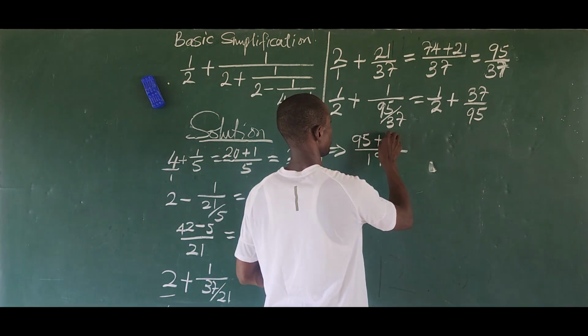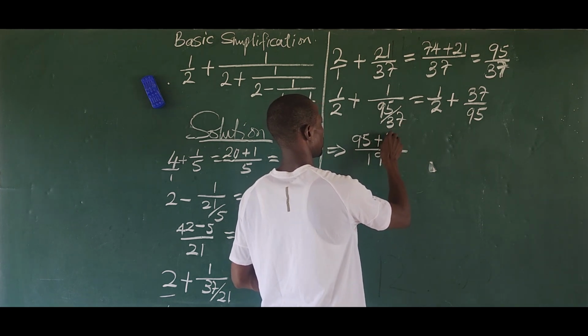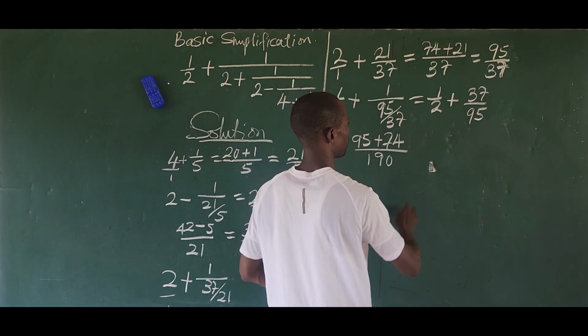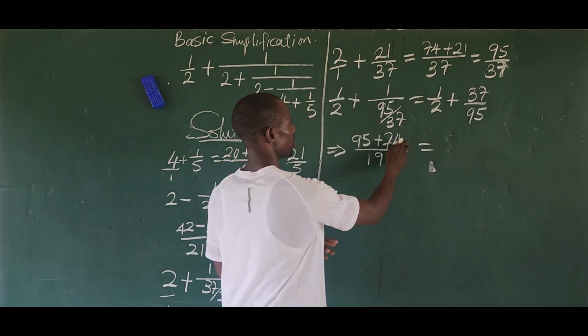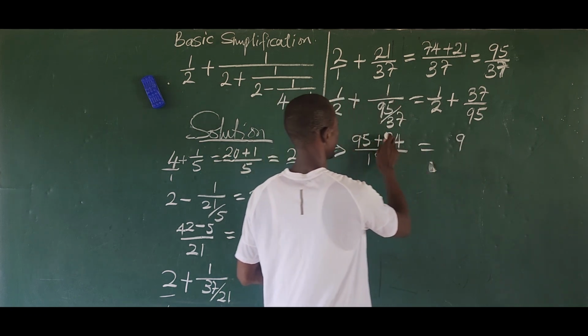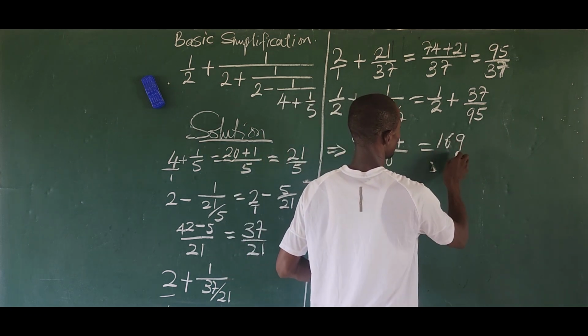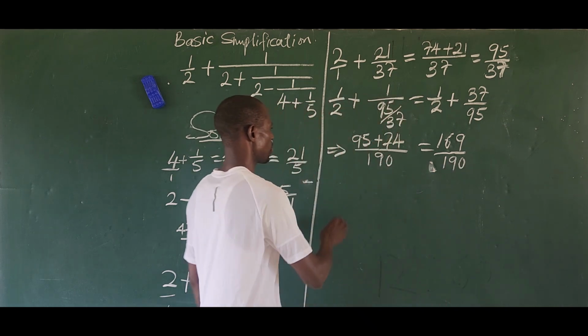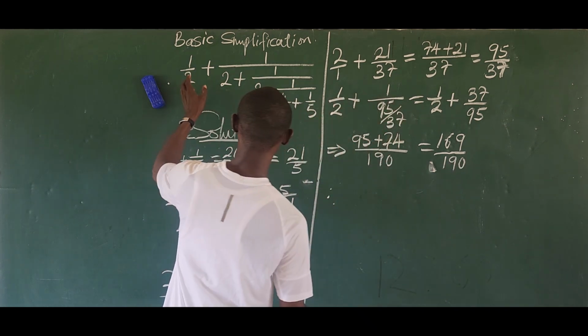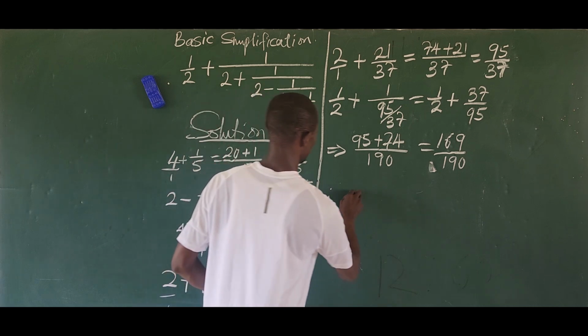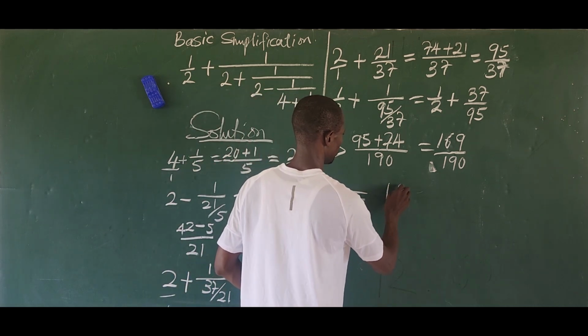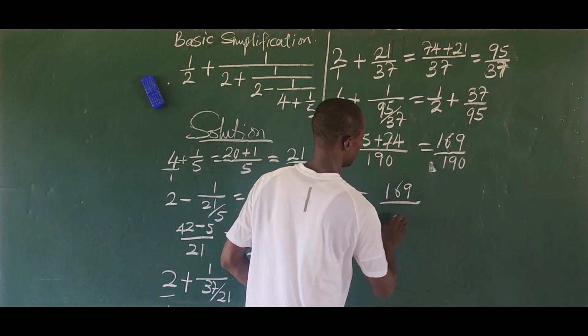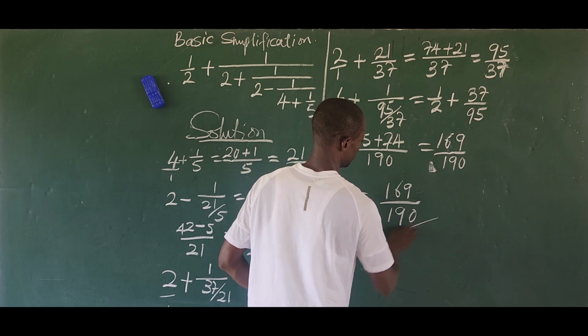So I have here 74. So we can add up here now. So this will give us 169, all over 190. All right, so therefore, the simplification of everything here is equal to 169 all over 190.